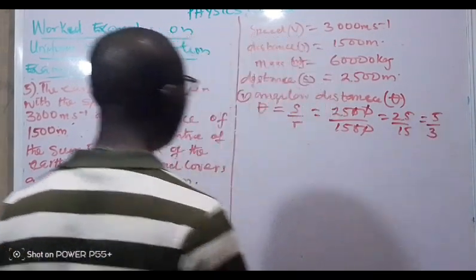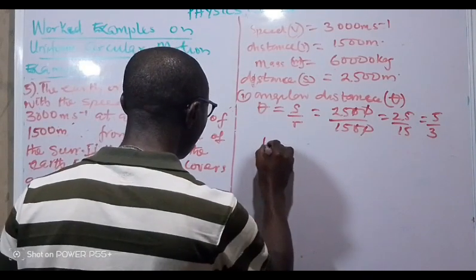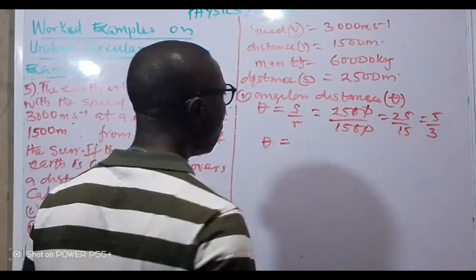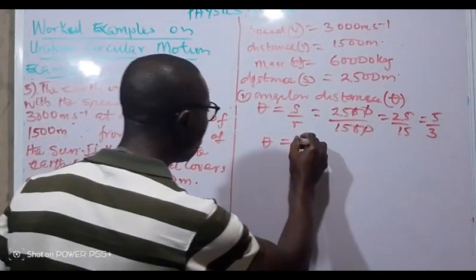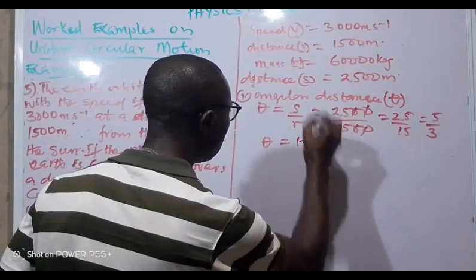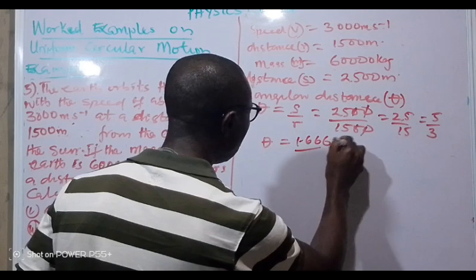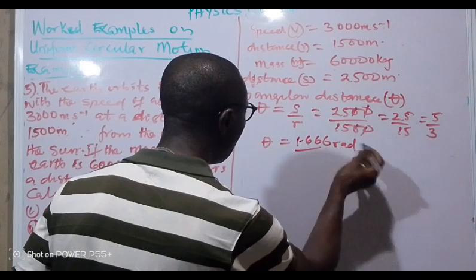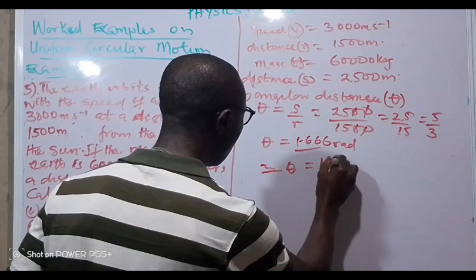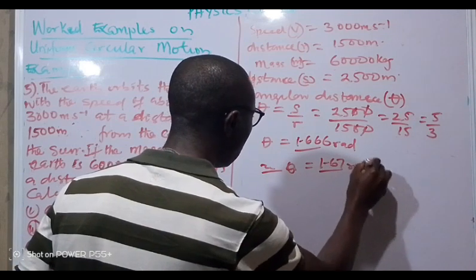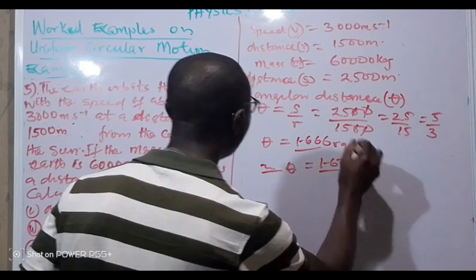The angular distance will be 1.666 rad. Approximately, theta will be equal to 1.67 rad. That is the angular distance.